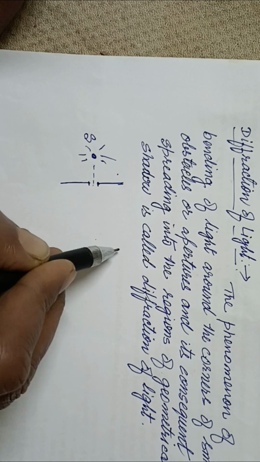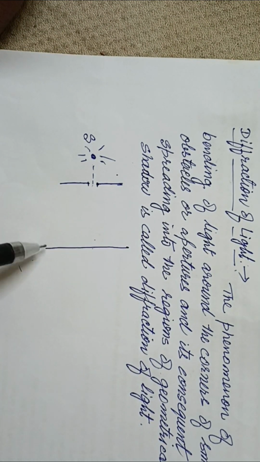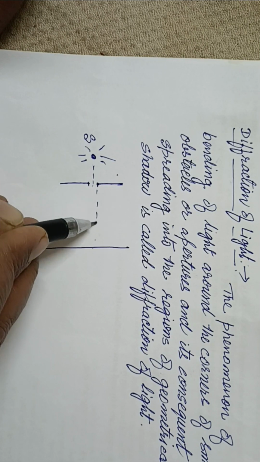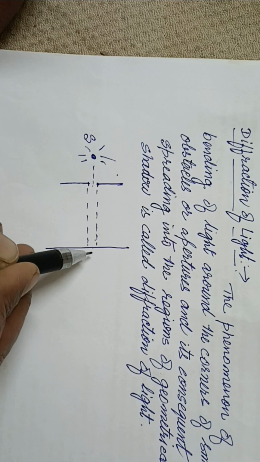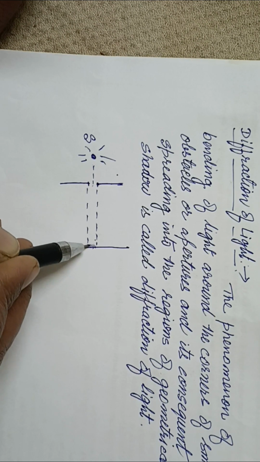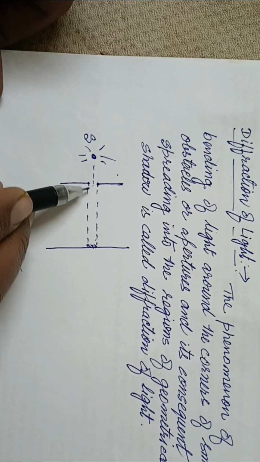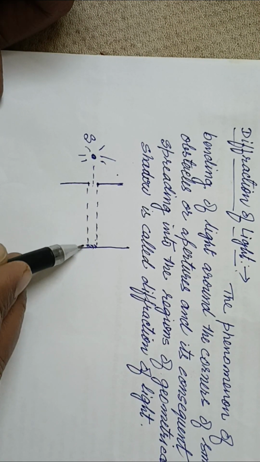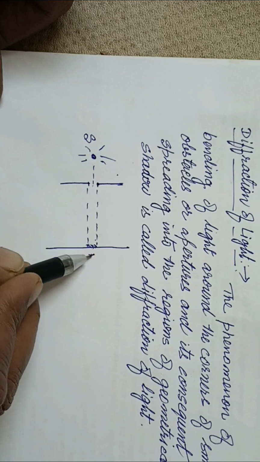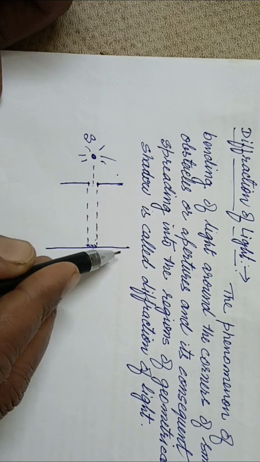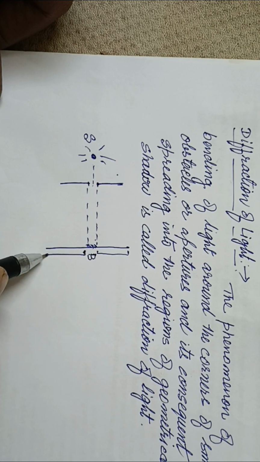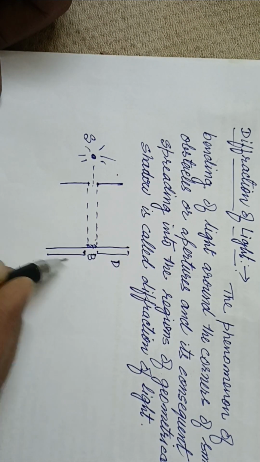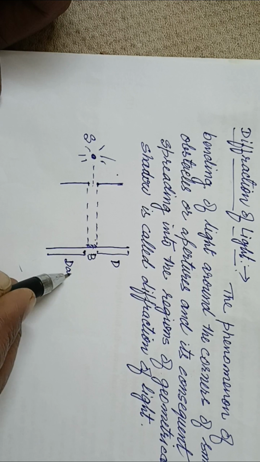So basically if the screen is there, we will think that the light will come through this slit and we will get only the bright portion here, means the light will fall on this portion only, and the rest of the entire portion will remain dark. This is the dark portion.